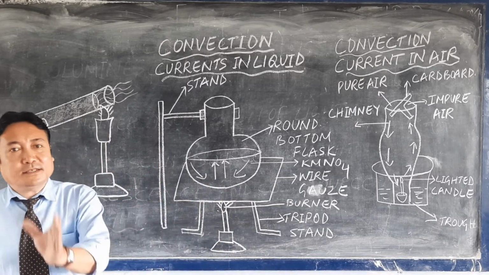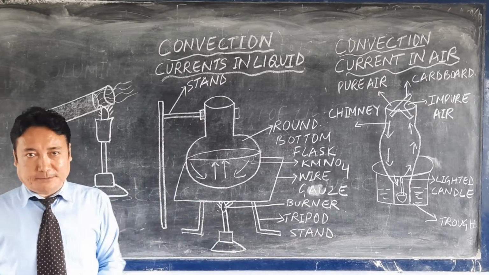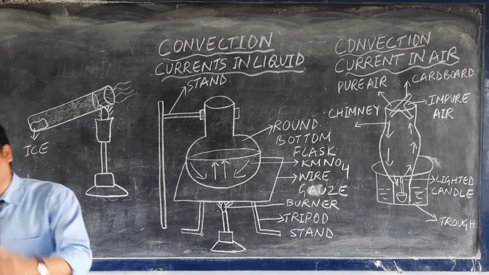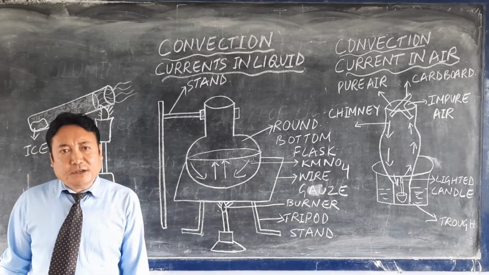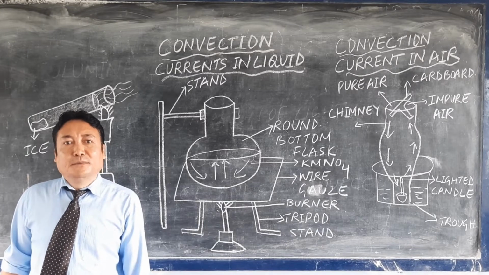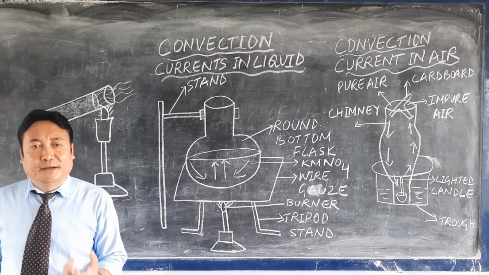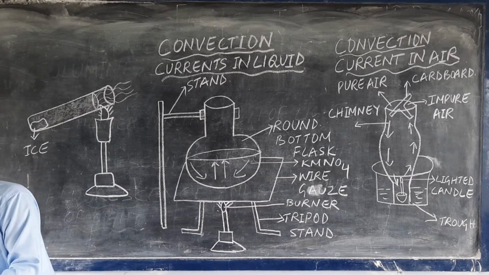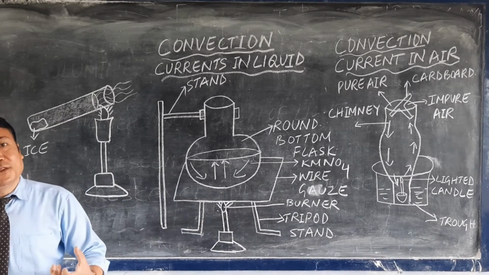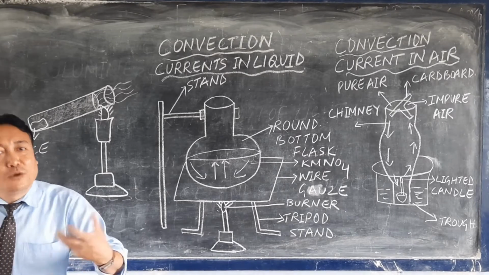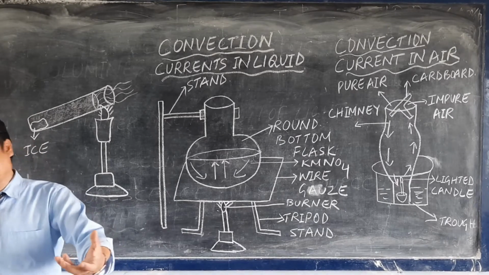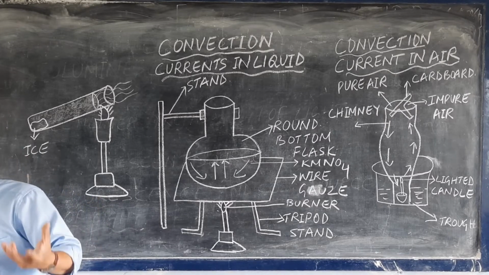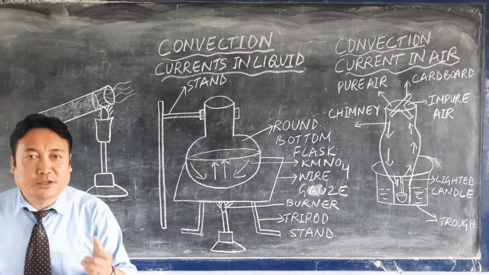After convection, let us come to the next point, convection current. Convection current means the movement of warm air away from the hotter object, along with the flow of cooler air towards the hotter object.